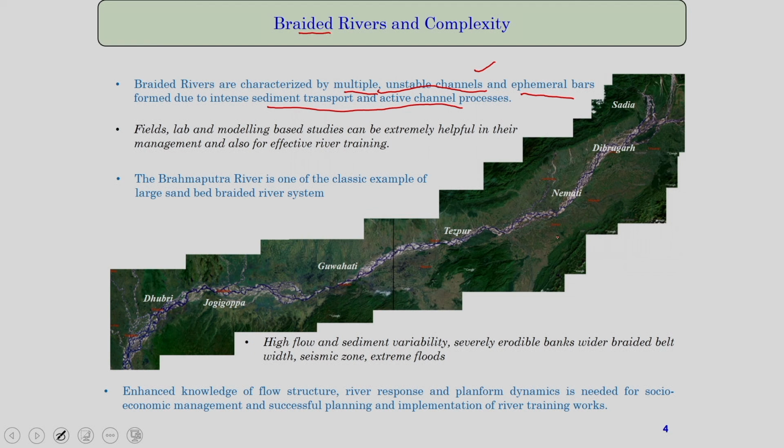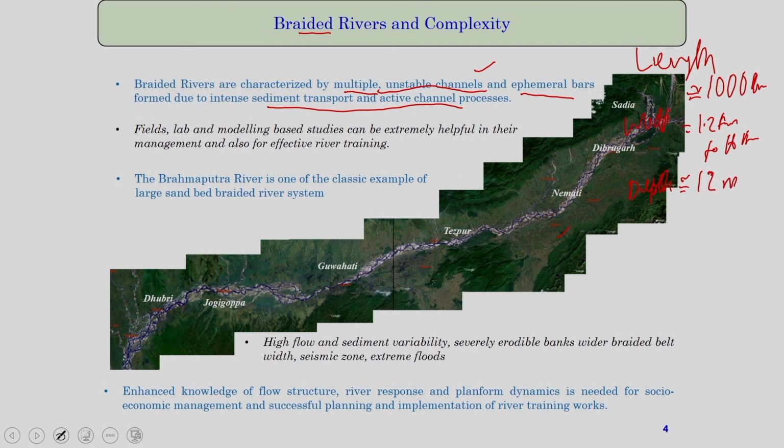If you look at this satellite data set, the length of the river is close to 1000 kilometers, and the width of the river varies in a range of 1.2 kilometers to 16 kilometers, and the depth varies on average around 12 meters.